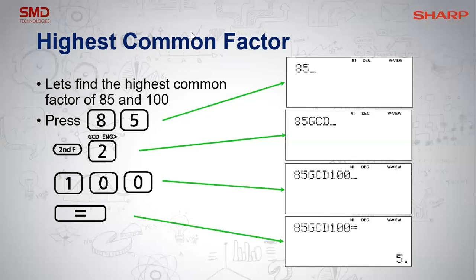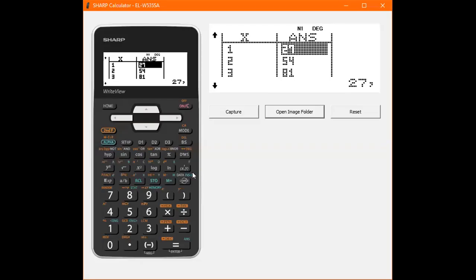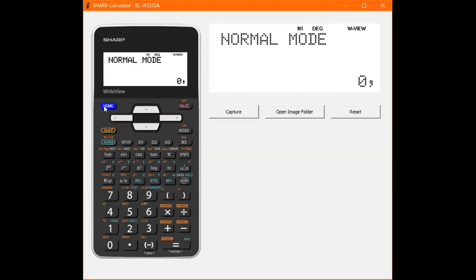Now, another nice thing, and particularly nice for grade 8 and 9, is your highest common factor and lowest common multiple function. To use those, we have to press home, and home just takes us back to normal mode from whichever mode we were in before. Now, let's say, for example, we want the highest common factor of 60 and 72.